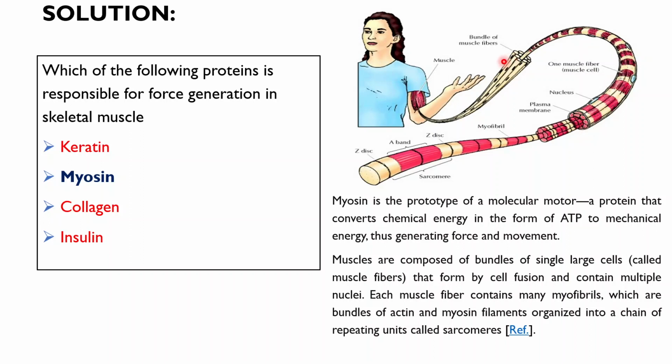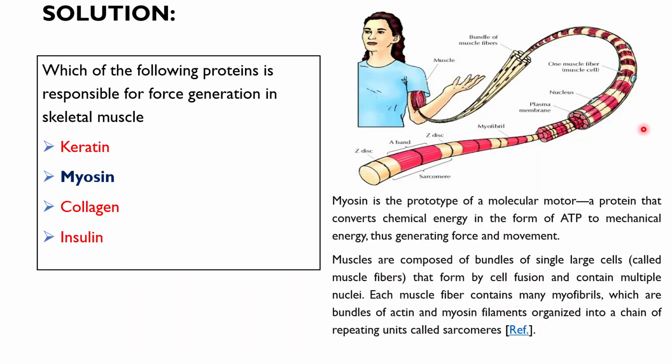So here we need to understand that muscle cell refers to muscle fibers, because muscle fibers are nothing but large muscle cells which are formed by the aggregation of several small muscle cells during the developmental phase.